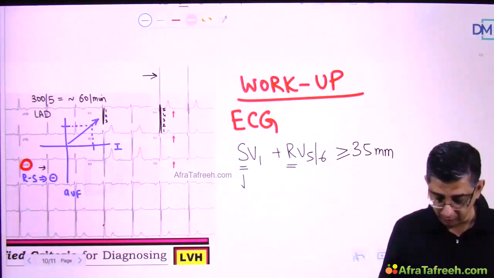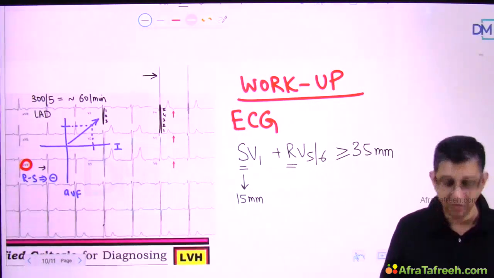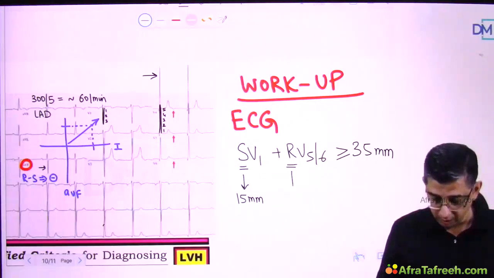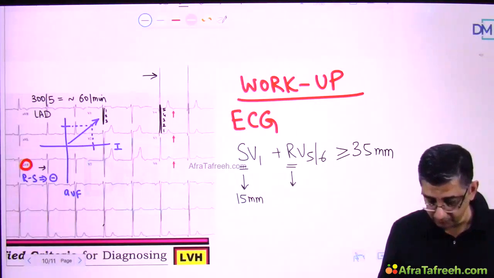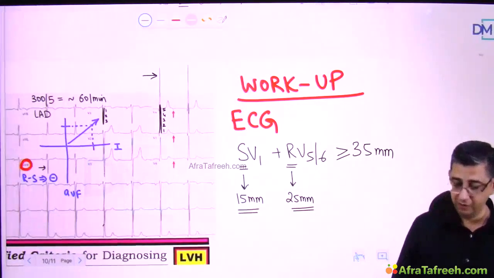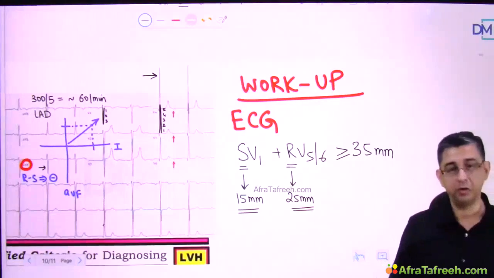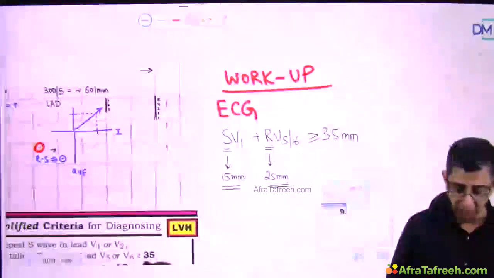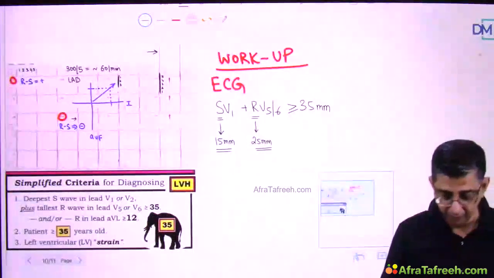I can count approximately 15 millimeter of depth of the S wave in V1. I can count up to approximately 25 millimeter of the vertical height of the R wave in V5. So since the sum adds up to 40 millimeter, that's definitely a feature of left ventricular hypertrophy in the patient.